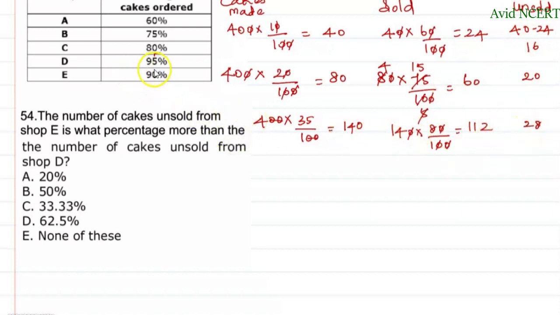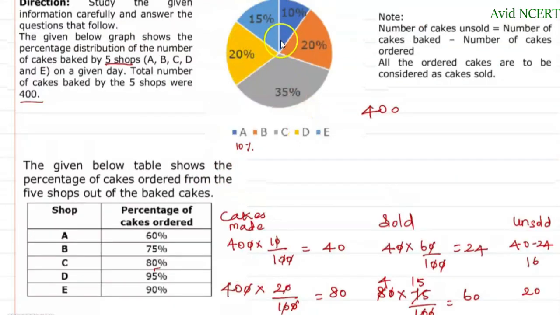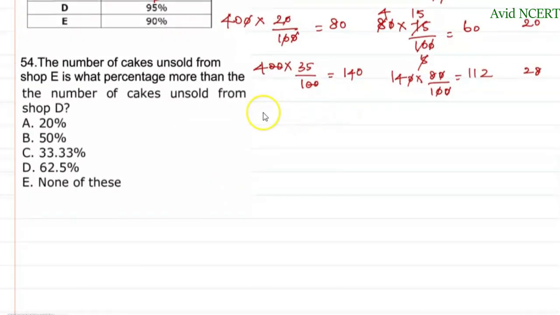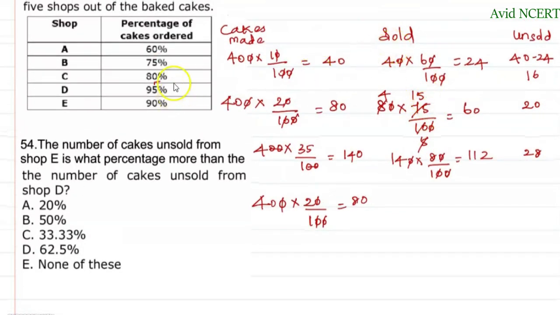And now for shop D, which is 20%, they made 20% of cakes out of this 400. You can also find it like this: 10% is 40, so 20% is 80. Or you can also divide by 5, which is 80. So there are multiple methods to find the percentage value. And the number of cakes sold here is 95%.